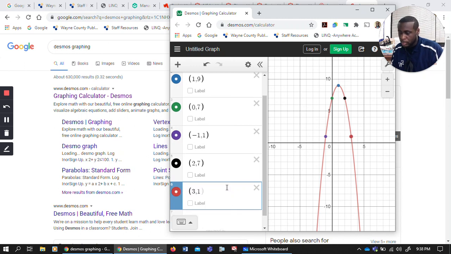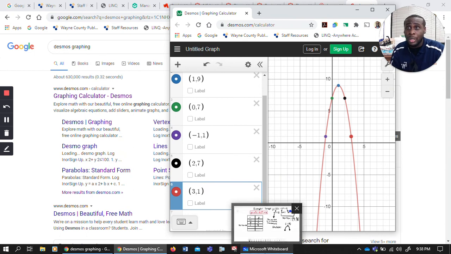These five points are what I need you to have in your table of values. The two points on the left side of the vertex need to go above that vertex, and the two points on the right side of the vertex need to go below that vertex in the table of values that I want you to show for your work.